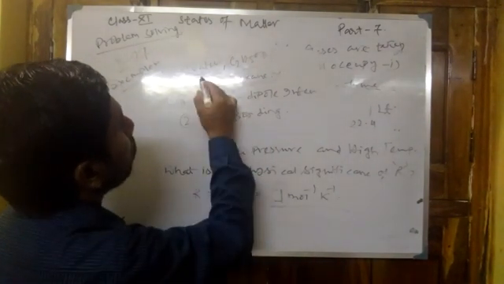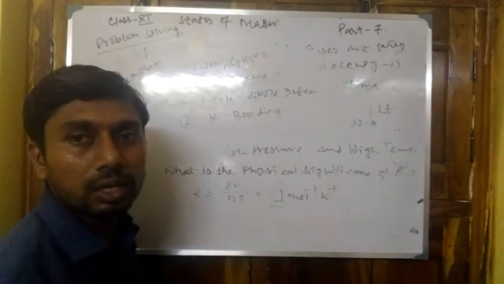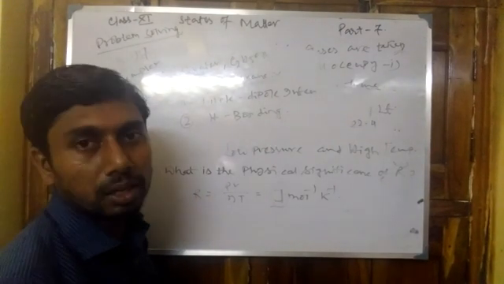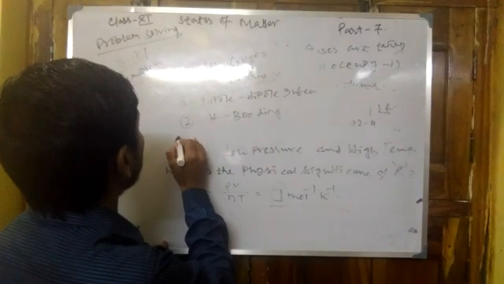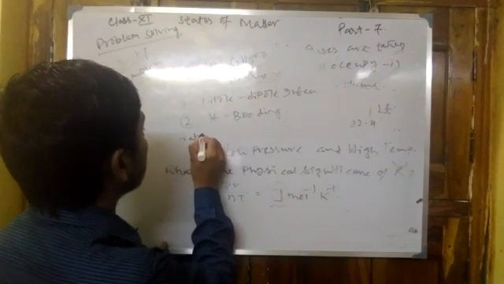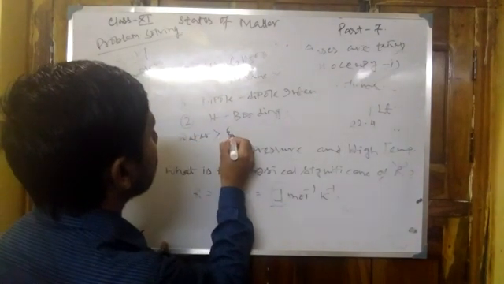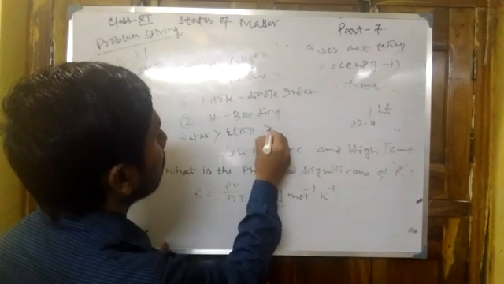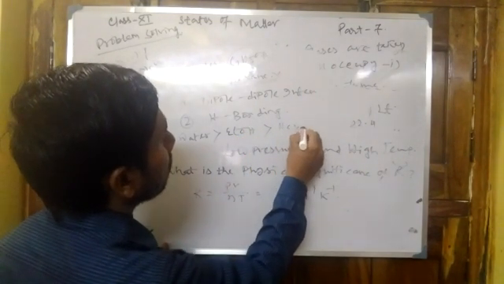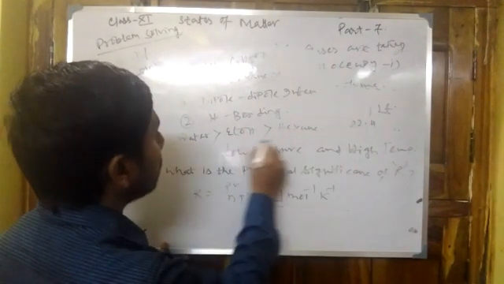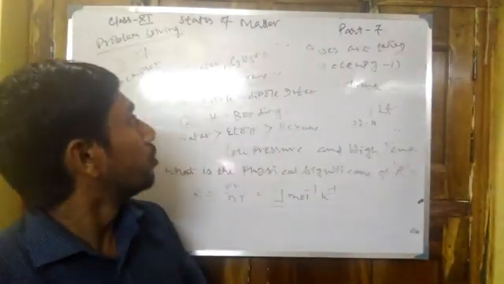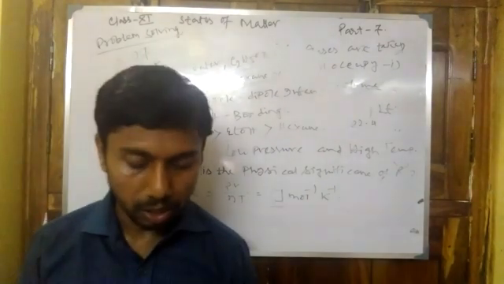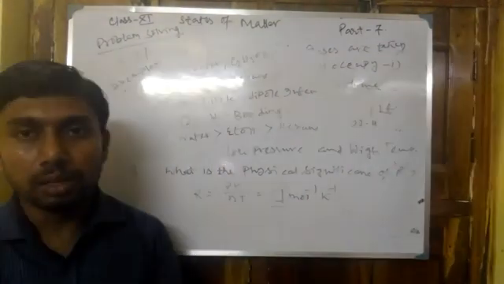Between water and ethanol, water has the highest hydrogen bonding, so the maximum value is for water, then ethanol, and then hexane. So it is the decreasing trend of surface tension among water, ethanol and hexane.